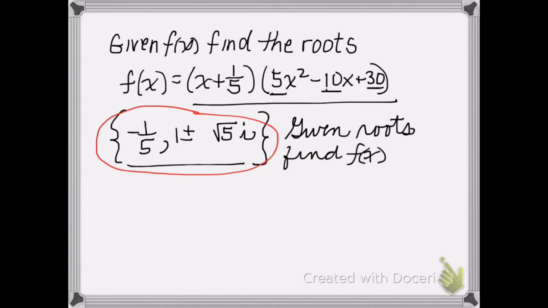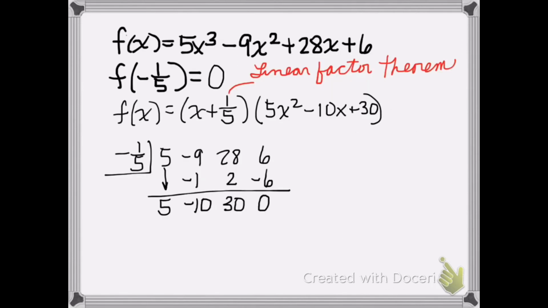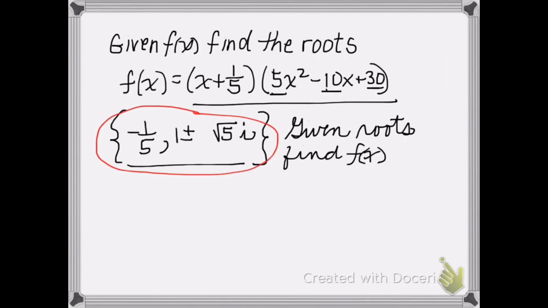And then remember this linear factorization theorem that I talked about back here. What that says is that if you're given the roots, you've got the factors. And if you have the factors, you can find the polynomial. So we would just be going in reverse. And let's just look at what that looks like.